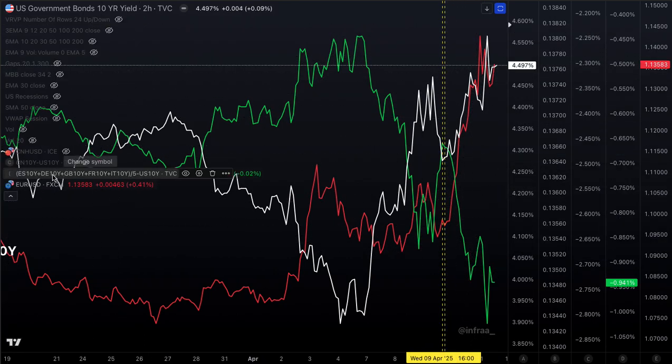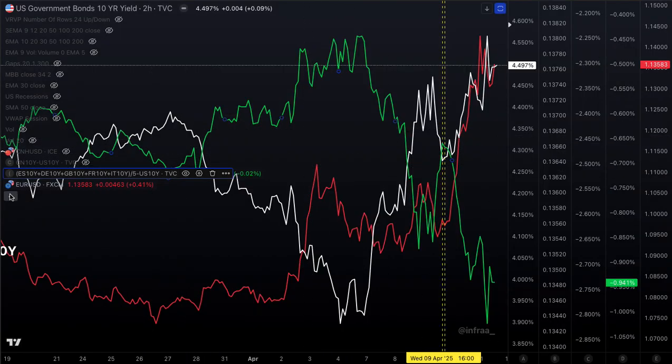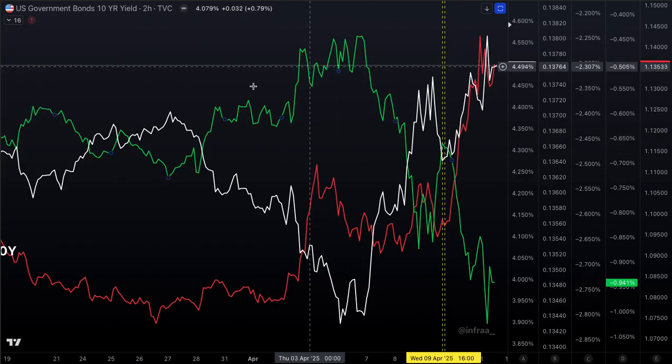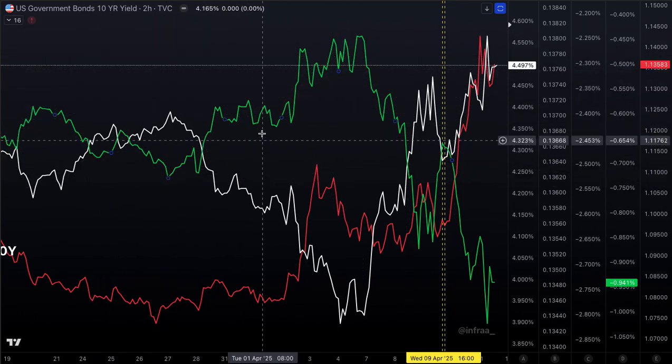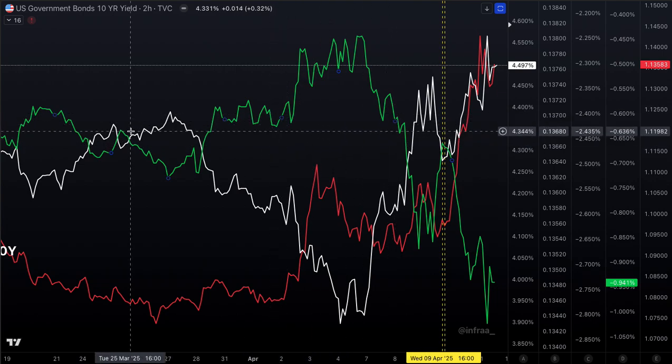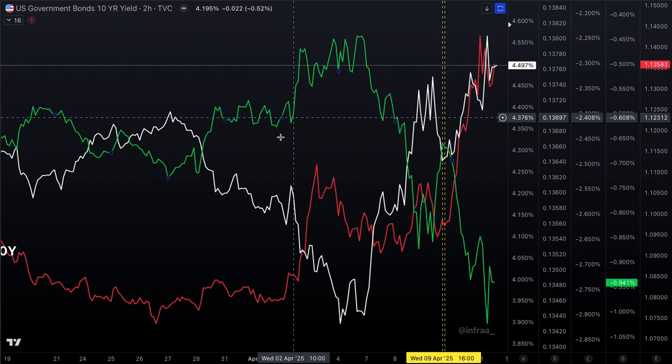So in green, it's the average 10-year yield for Europe minus the US 10-year yield. So it's the same exact concept we were looking at before, interest rate differential.